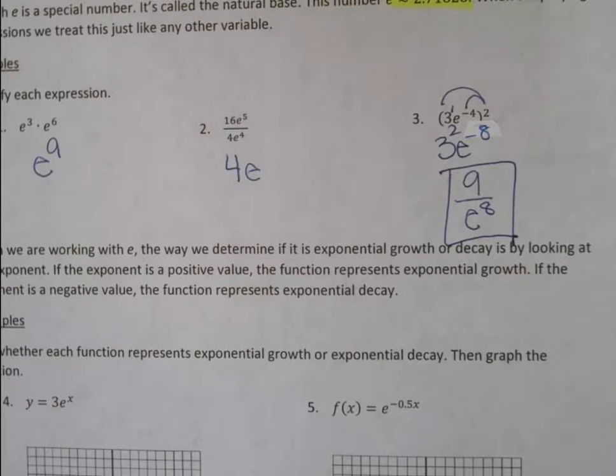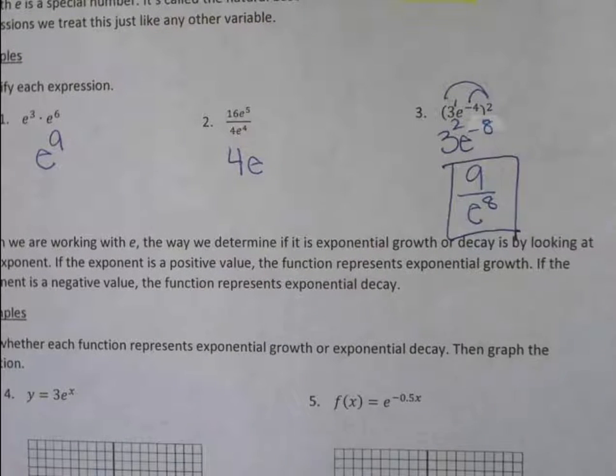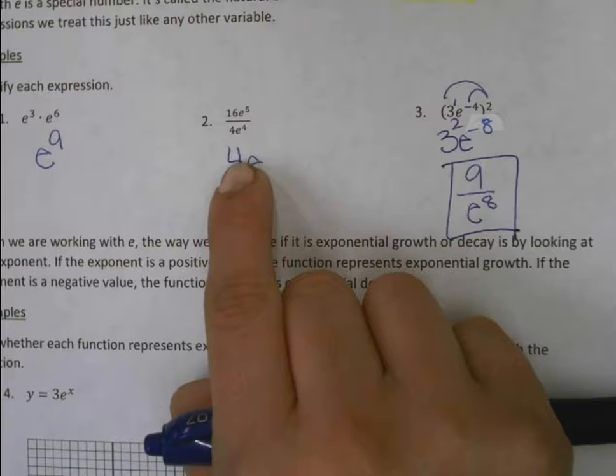If it doesn't have an exponent, it has a 1. The exponent represents how many of each number I have.